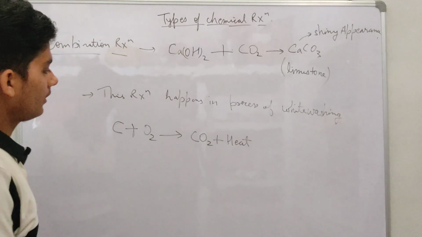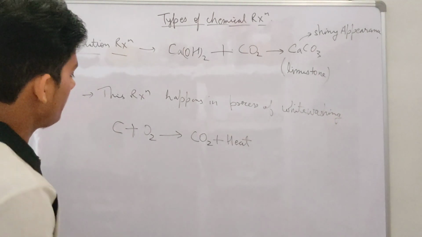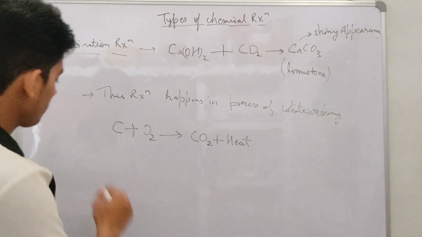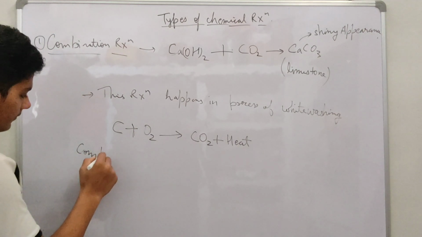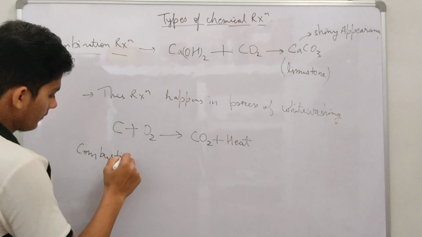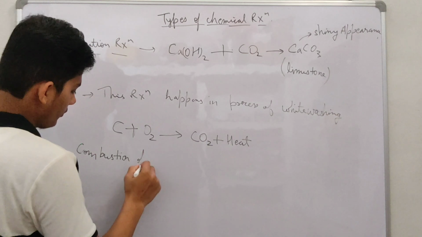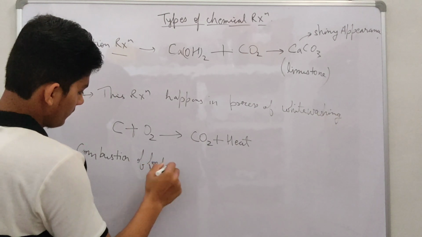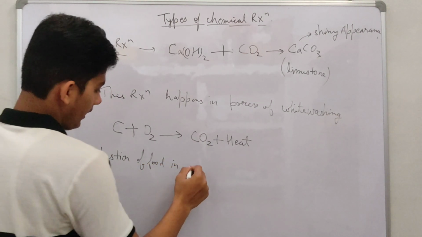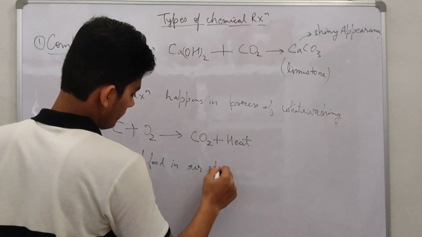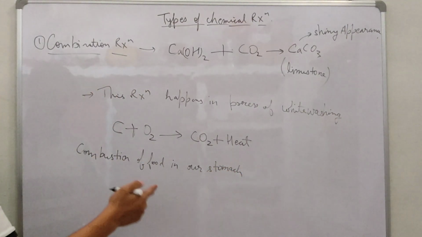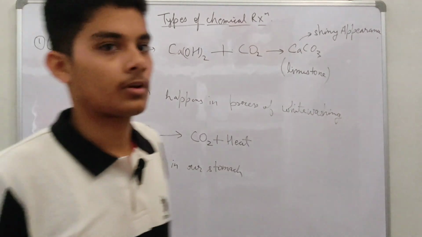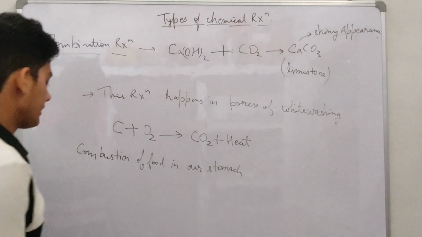Now let's move ahead. There is also an exothermic reaction called combustion of food in our stomach. Combustion of food in our stomach is also an example of a combustion reaction, and it is an exothermic reaction.